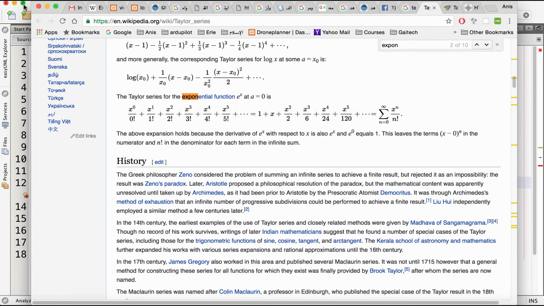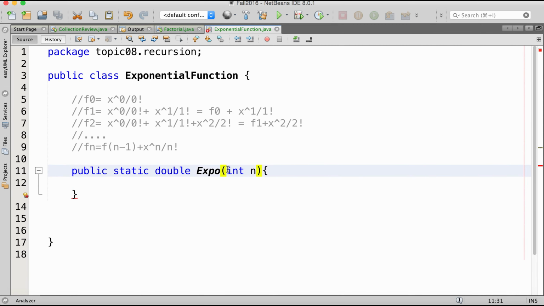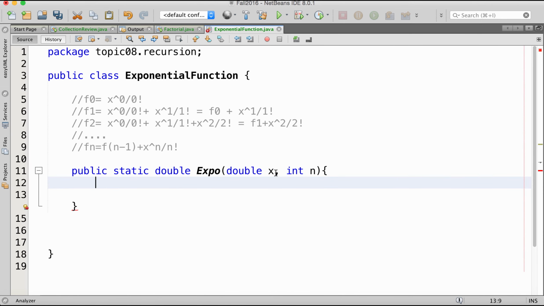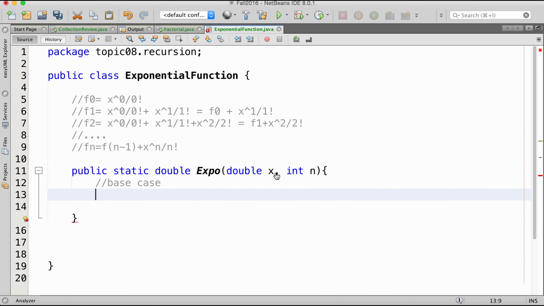What else for the function? We need to define x. We're going to calculate the exponential of x. So you can see here, I have x and I have n. So two parameters. What is the base case? n equals 0.